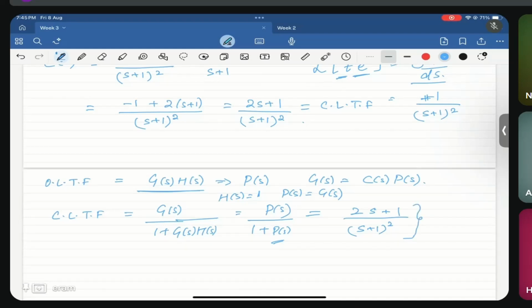You have to find out what is P(s). It will not be only the numerator, there will be something else also. If it was P(s) by 1, then you could have said that P(s) is this whole thing. You have to equate the left hand side and right hand side.